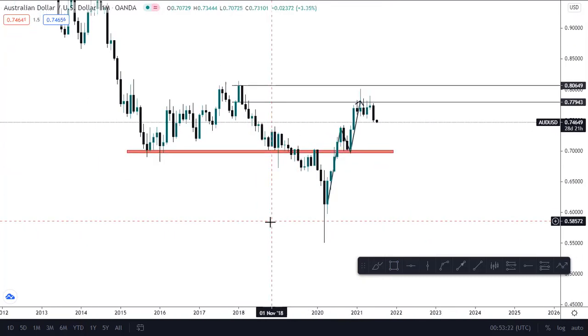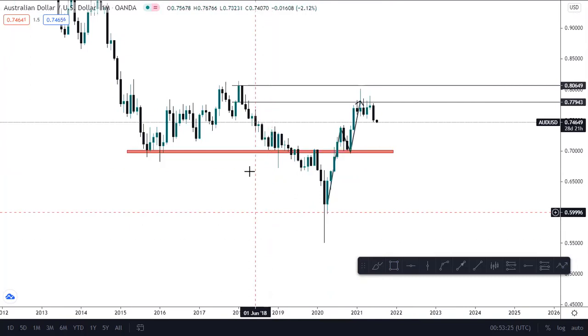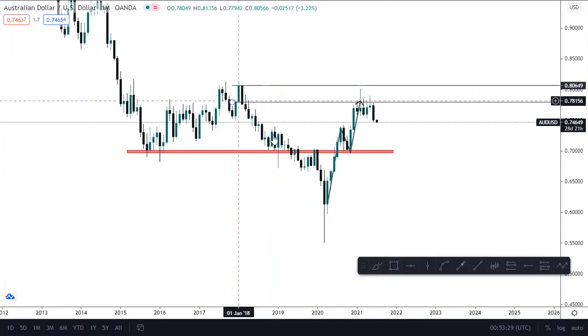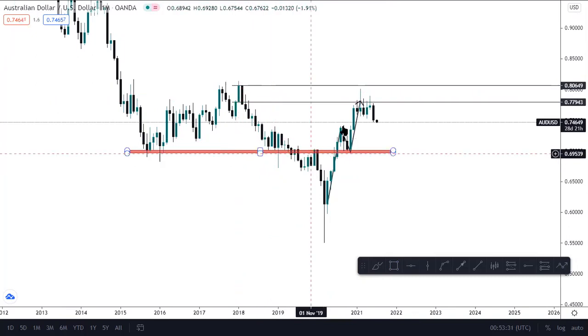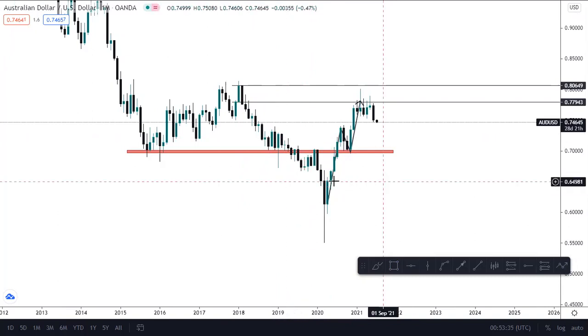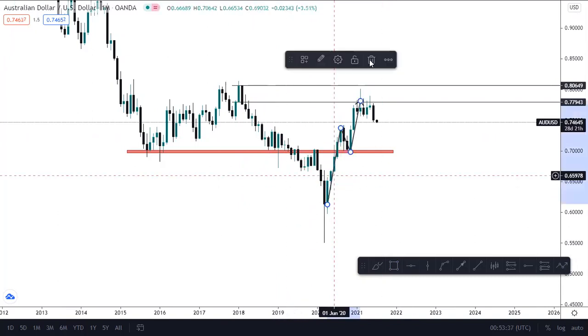So in this moment, I've already identified the order block, the break and retest from both rising and falling channels on the monthly chart. Which is very important.